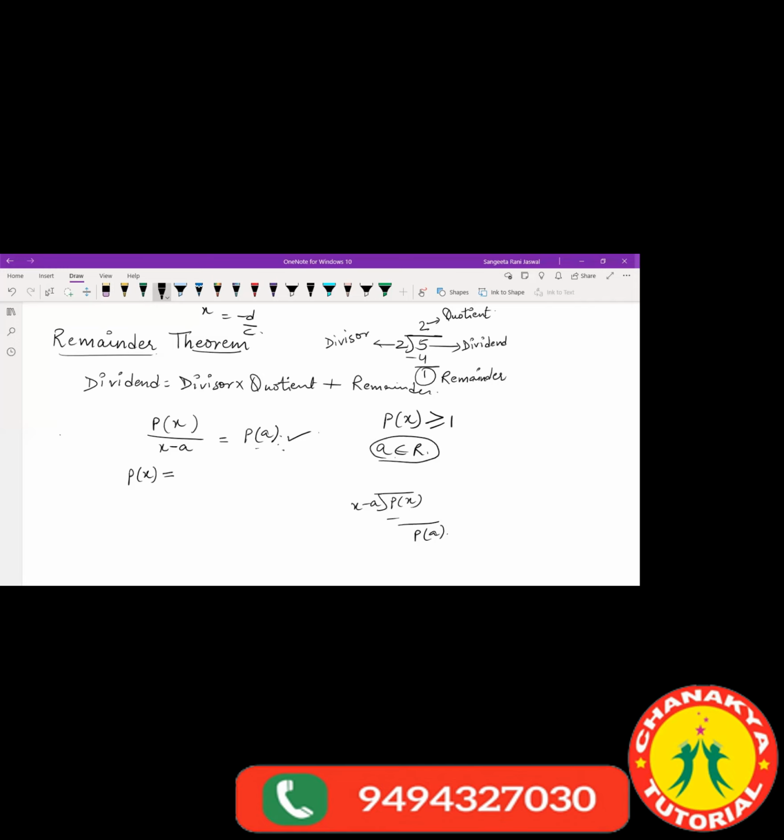Okay, ma'am. P(x), we can write it as, this is the divisor. Divisor. और क्या होता है? We know this statement, no? Dividend is equal to divisor into quotient. Now quotient will be some number. यहाँ पे कुछ होगा number. We don't know that. हम इसको q(x) मान लेते हैं. Quotient, some quotient here.